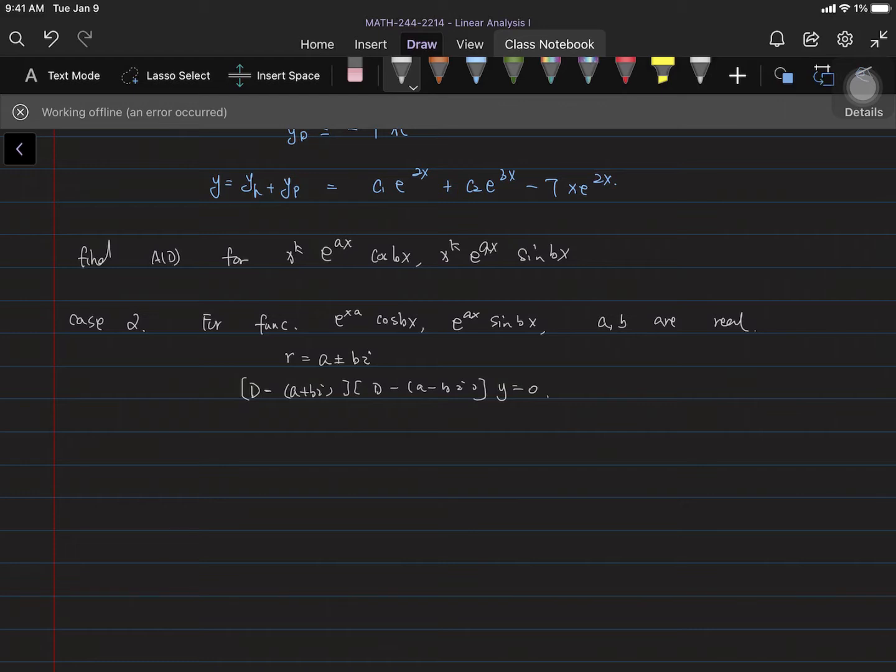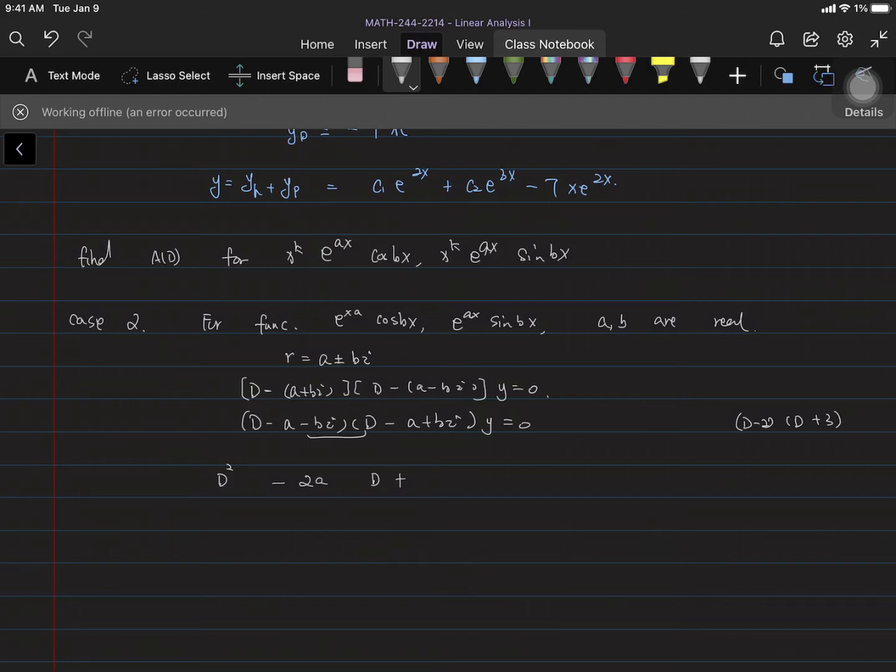And now we simplify this one. After we simplify, D squared, and the middle term should be the sum of those two numbers, so it should be negative 2a. It's kind of like (D minus 2)(D plus 3).